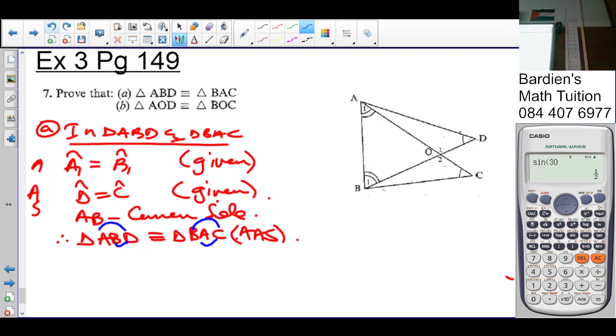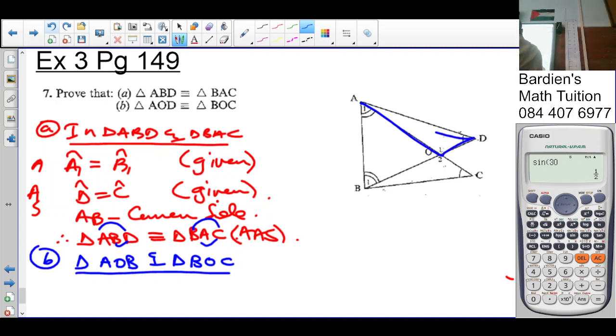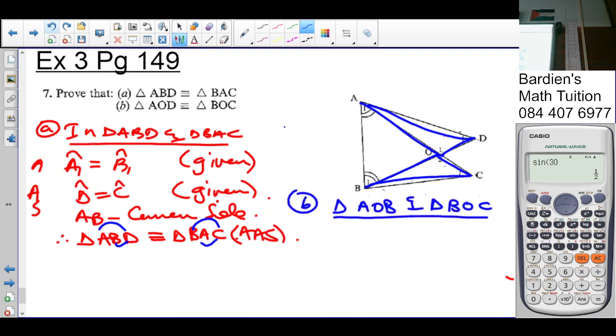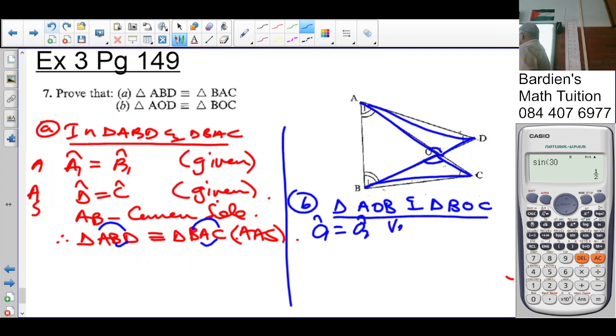You must prove that triangle AOD is congruent to triangle BOC. So you got AOD and BOC. What can we say first? O1 is equal to O2, vertically opposite.